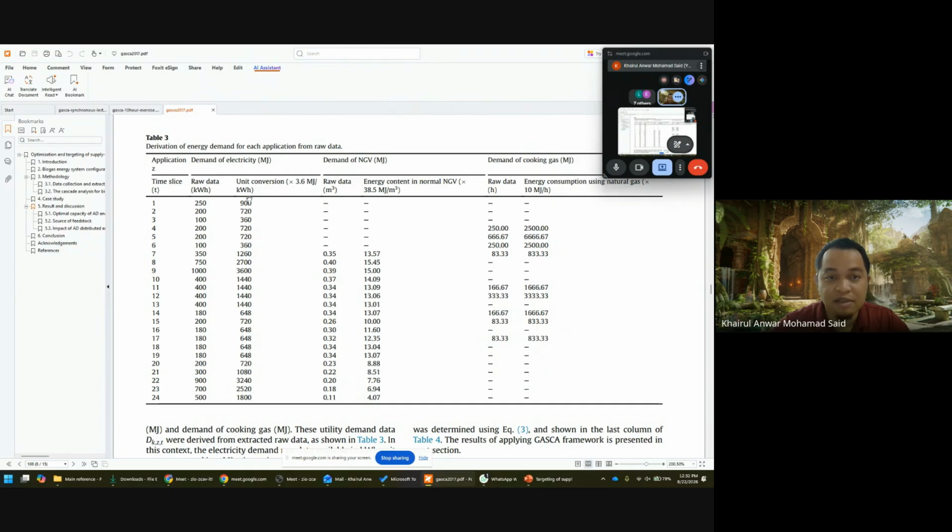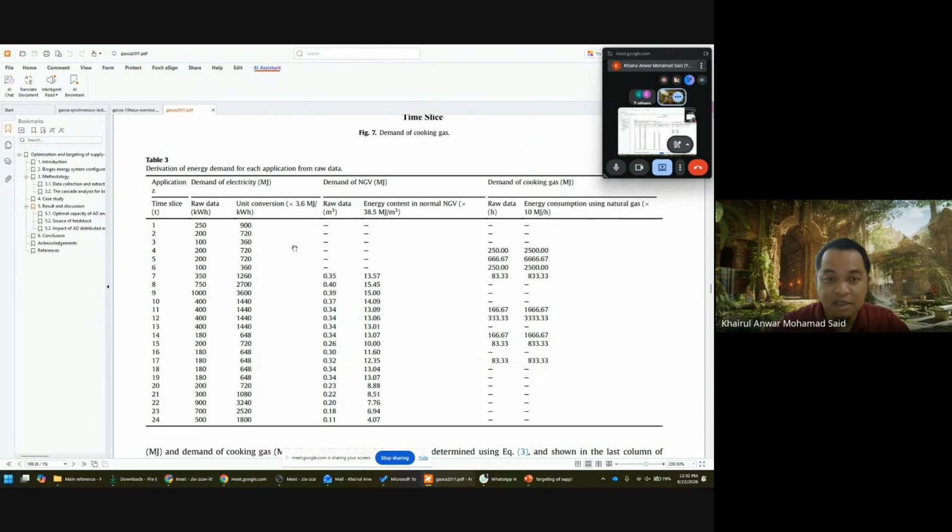Electricity throughout the day will reduce, but it will not stop, and demand in the early morning is lower. Cooking gas is similar, starting at 4 a.m.